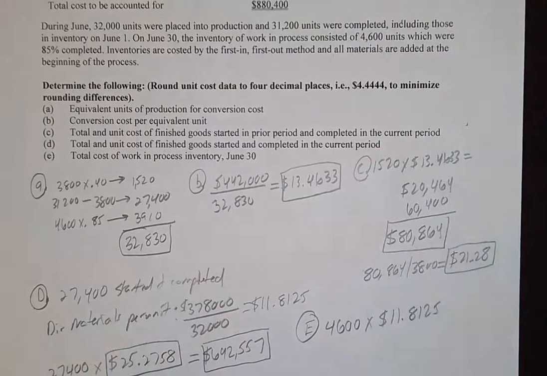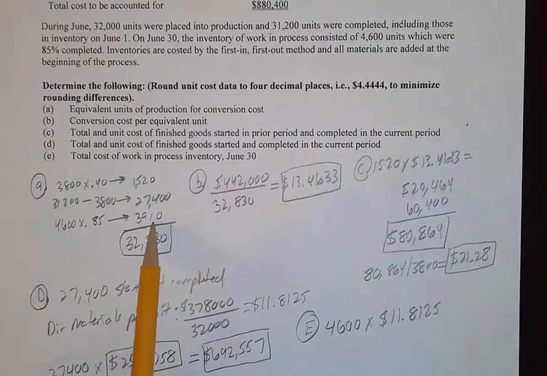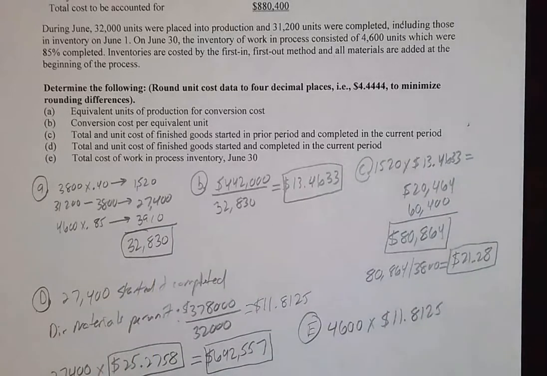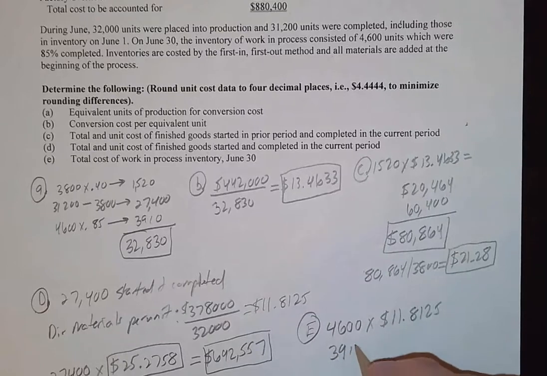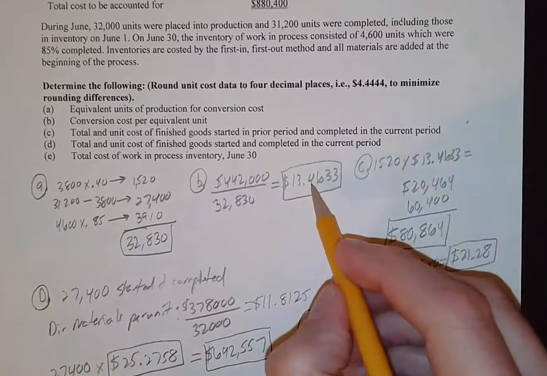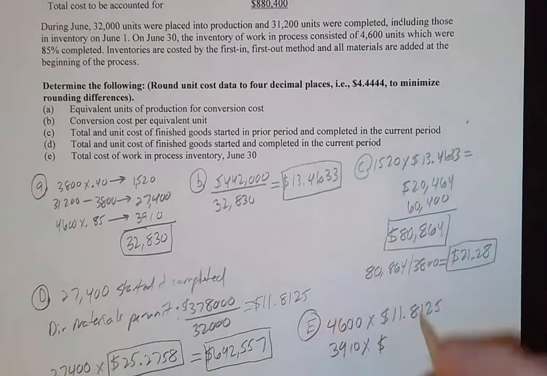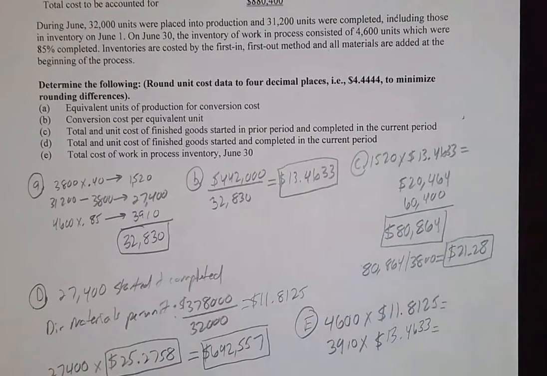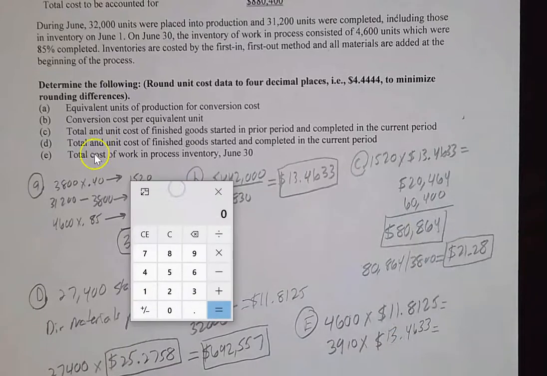And then if we remember, we already calculated the number of equivalent units for conversion cost as 3,910. So just as in the last video, we have two different figures. And so we've got to multiply the 3,910 times the conversion cost per unit of 13.4633.